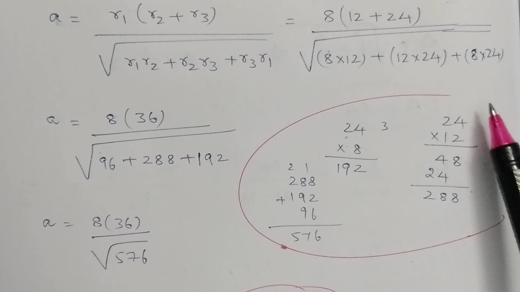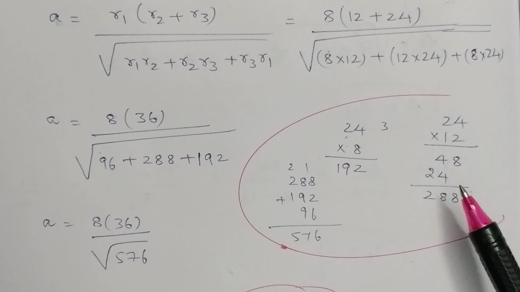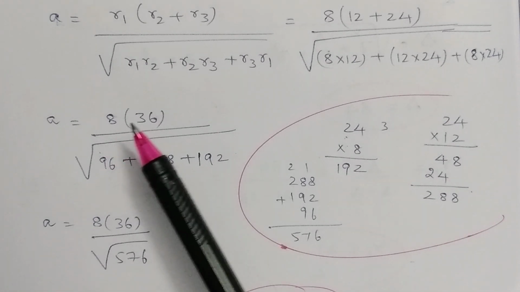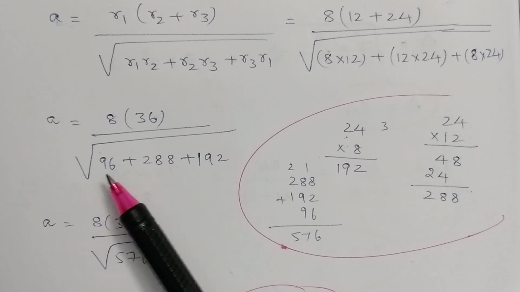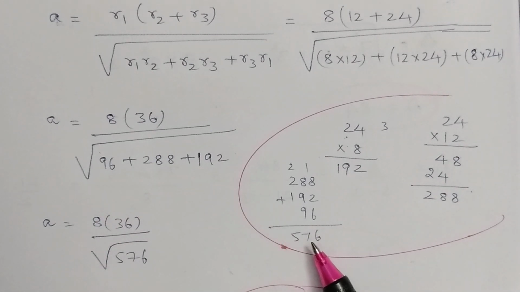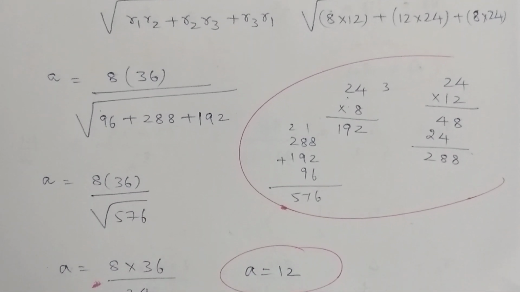I have shown the simplifications here. So 8 into 36 by root 576. By adding all these three I got 576. And we know the value of root 576. Root 576 is 24.